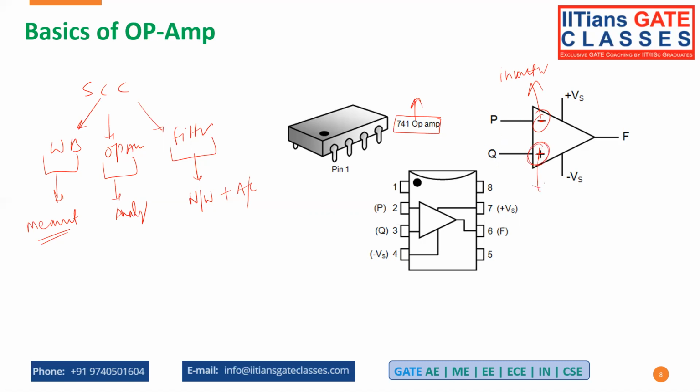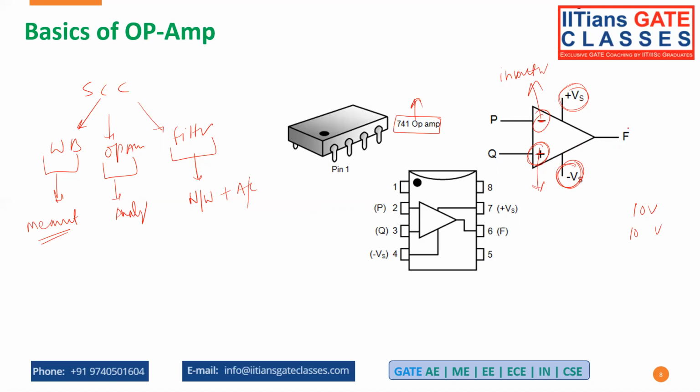The second is going to be the non-inverting element. Whatever signal you use here, you will get the output in the same phase. It's not going to be inverted. So V plus and V minus are going to be the supply voltage of this op-amp. You should not extend your output voltage beyond the supply voltage. If the op-amp output is 10 volts and your supply voltage is 10 volts, that's fine.